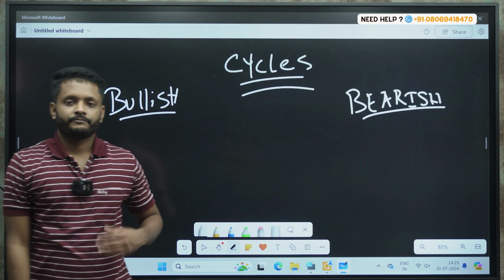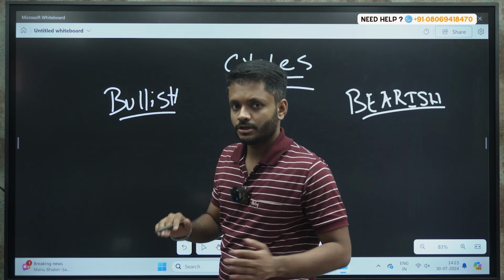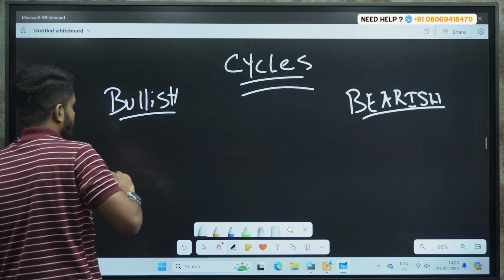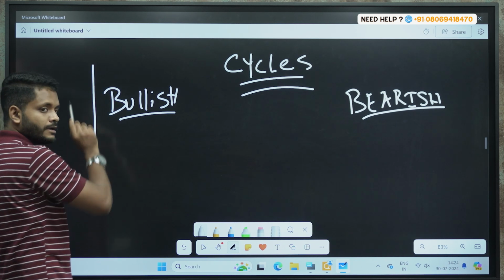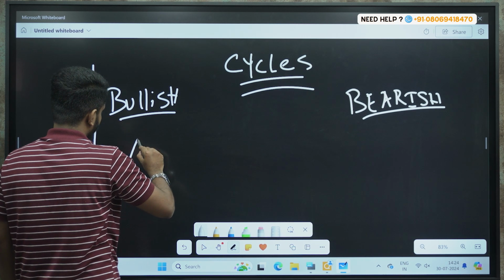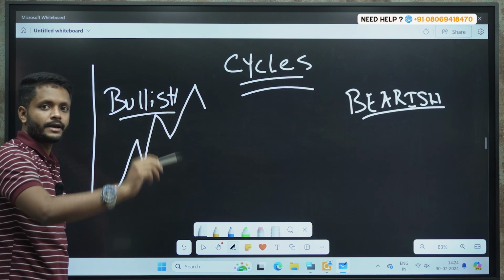So as we discussed, what is long and what is long unwinding, correct? So say for example, if a stock is bullish, it is not going to move up in a straight line, correct? Usually it will go up, it will come down, it will go up, it will come down, it will go up, it will again retrace, correct?